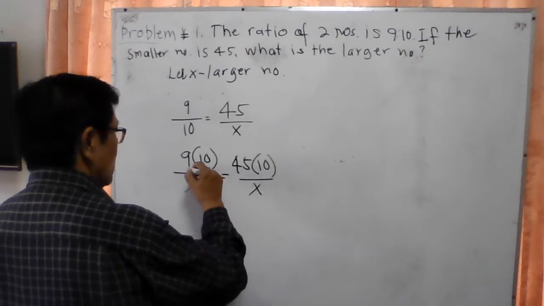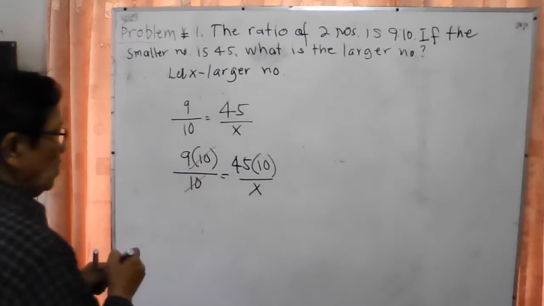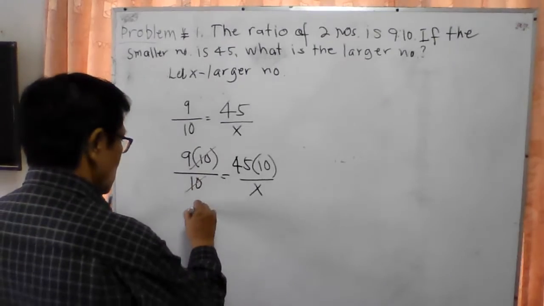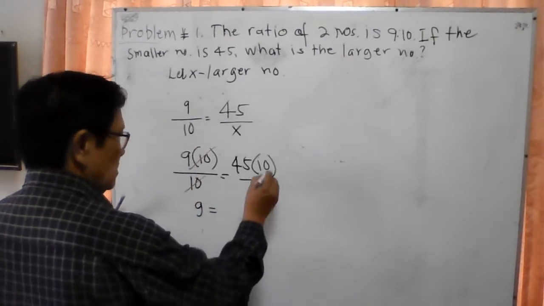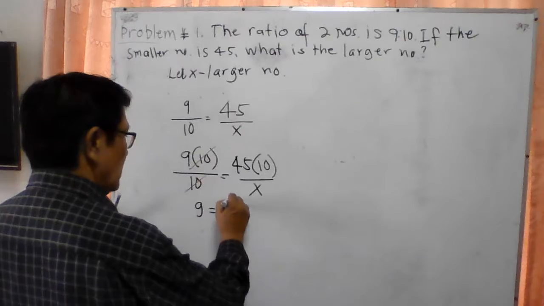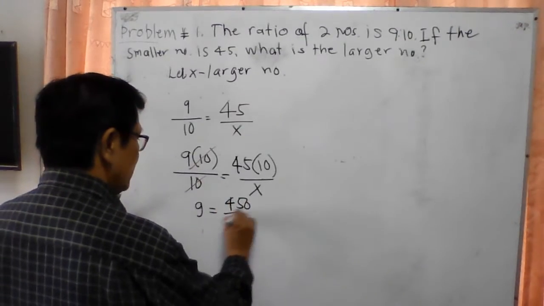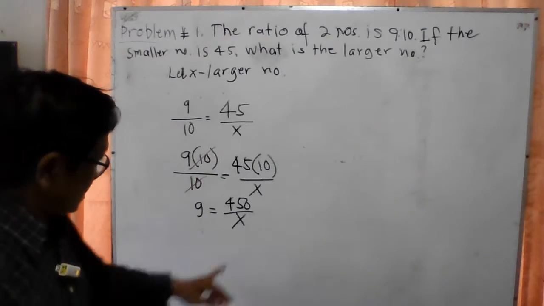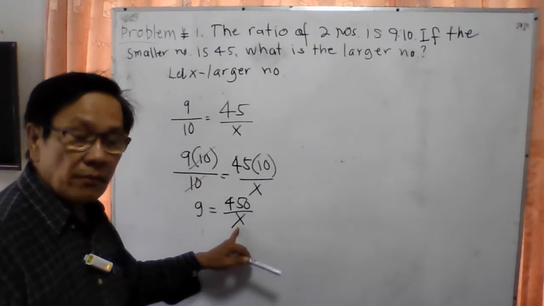So here, you cancel this. This is 9 equals, multiplying that, 450 over x. Now, we want to have x to be the remaining one, and it becomes numerator.